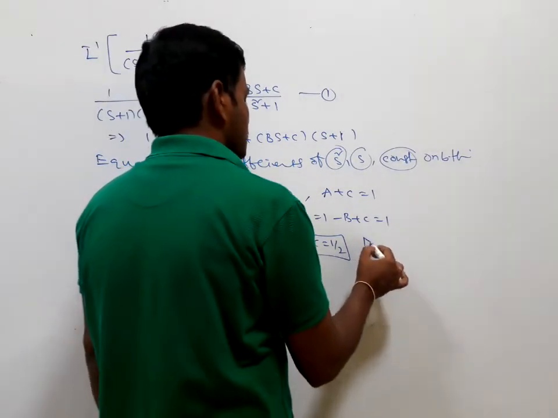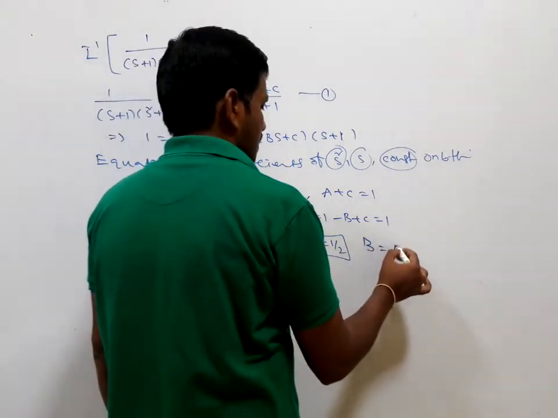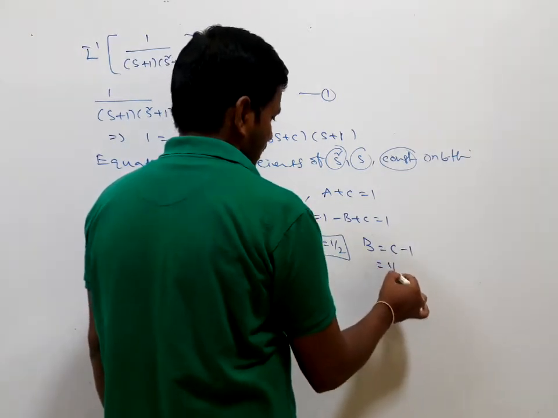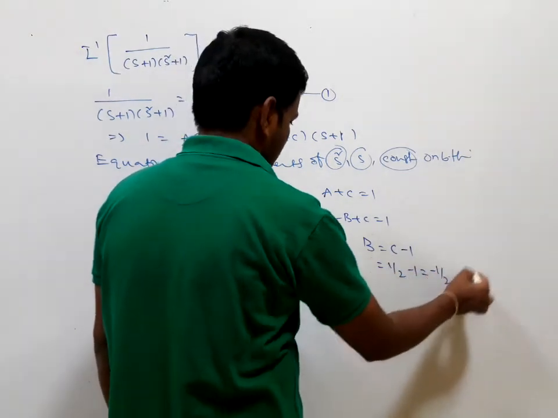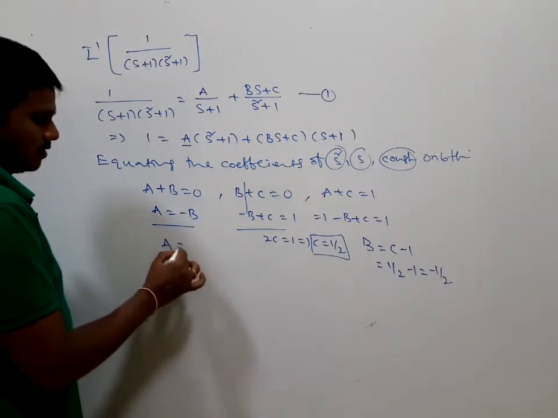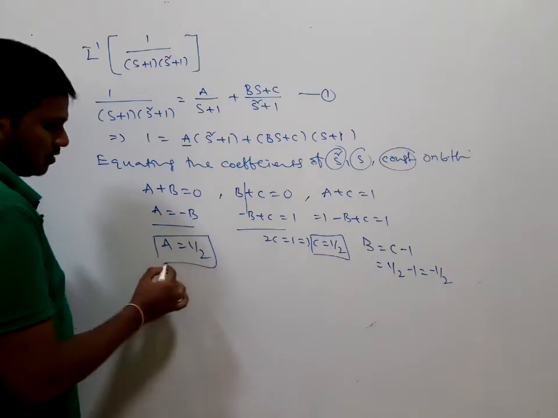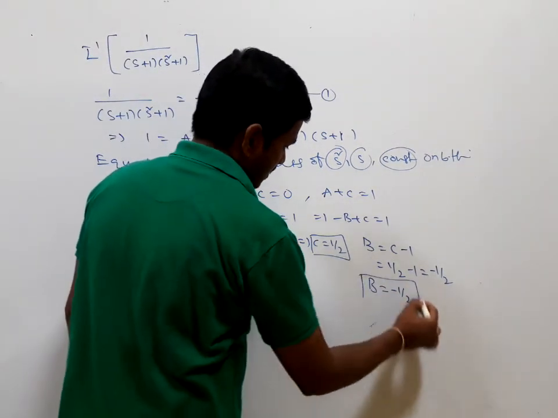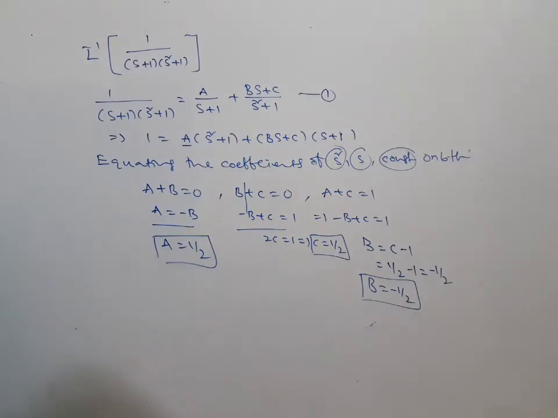Then b is equal to c minus 1, so 1 by 2 minus 1, which is minus 1 by 2. So b is equal to minus 1 by 2, a is equal to 1 by 2. Therefore a is equal to 1 by 2, b is equal to minus 1 by 2, and c is equal to 1 by 2.